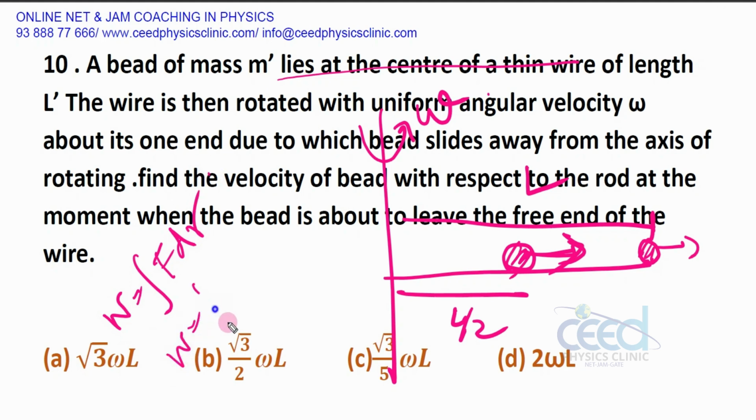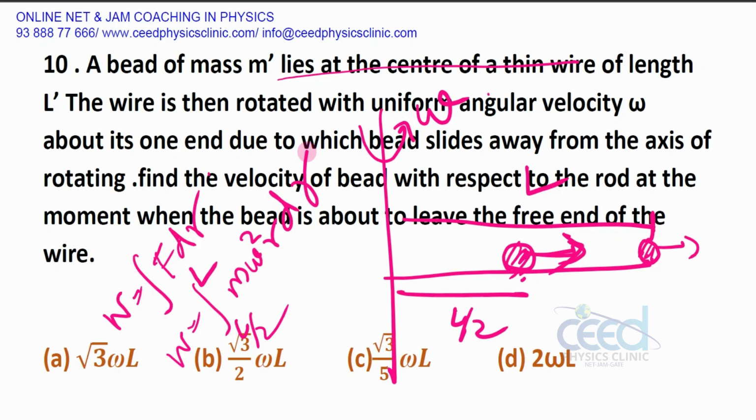Now W is equal to the integral, but the length is varying from L by 2 to L. What is the centrifugal force? m omega square r dr. Am I right? m omega square r dr. All right, so that is the centrifugal force.